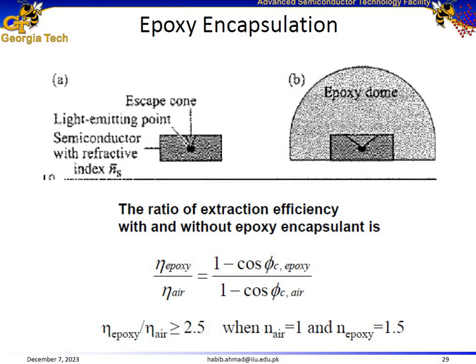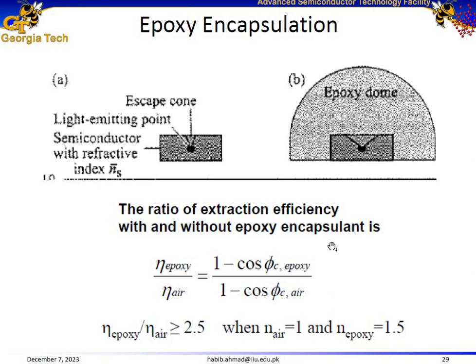Now in this slide I have given a comparison of the efficiency of light emitting diode configurations in which one structure is not encapsulated and the second structure is encapsulated with epoxy.